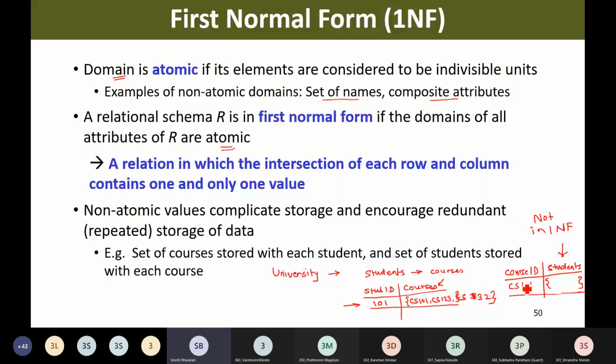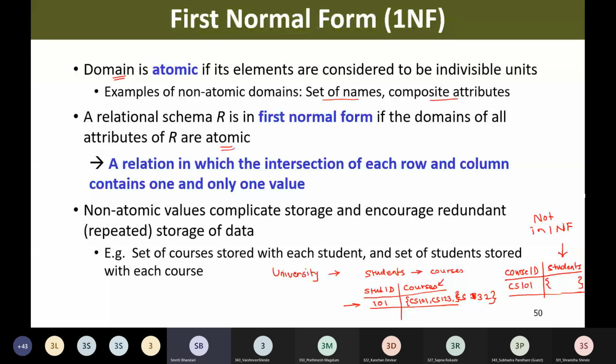Why? Because we have another condition also. What does this condition say? A relation in which the intersection of each row and column contains one and only one value is in first normal form.